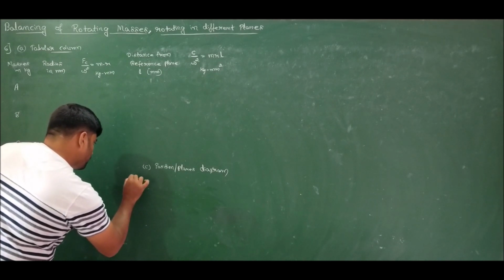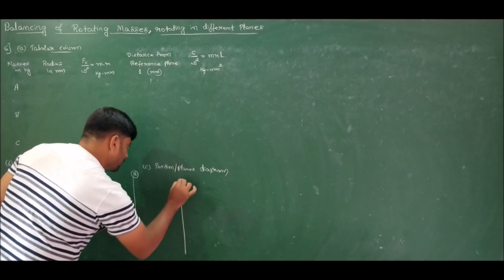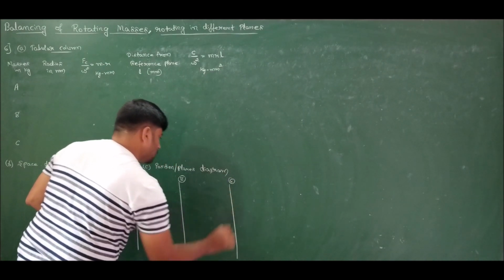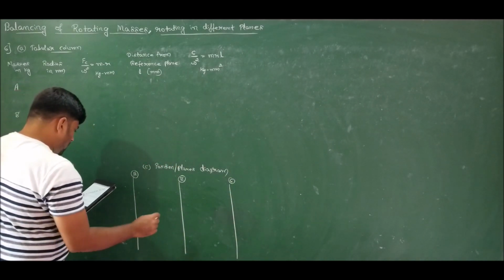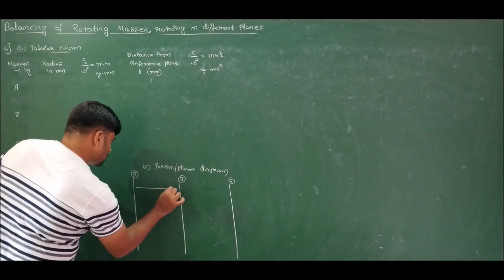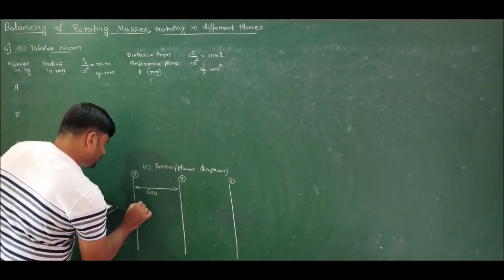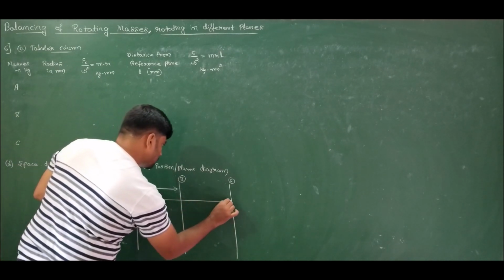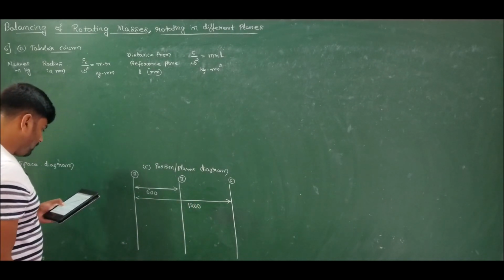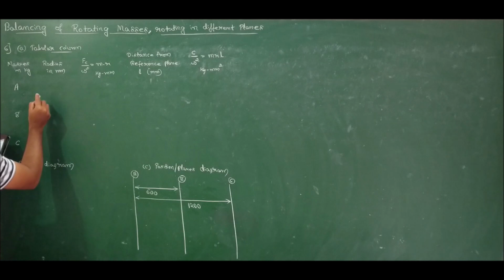Let us have plane A, plane B and plane C. The planes B and C are 600 mm and 1200 mm from plane A. Plane B is 600 mm and plane C is 1200 mm from plane A.